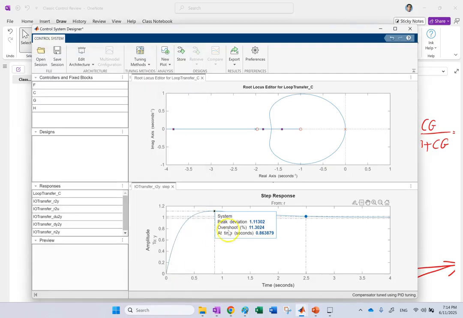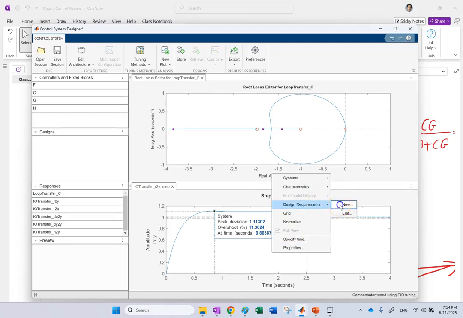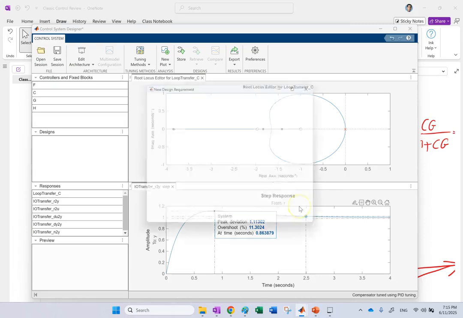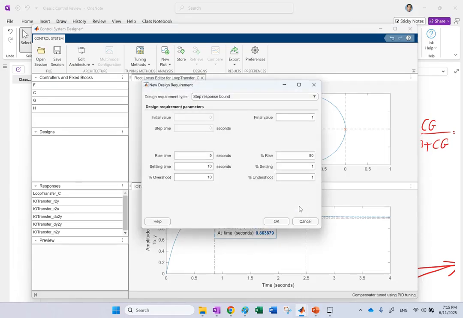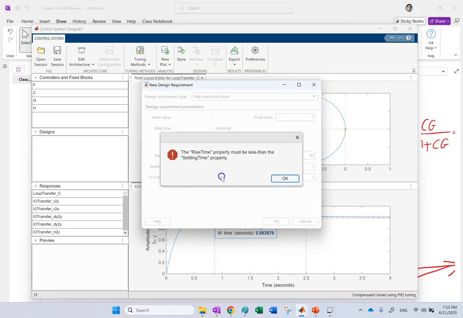But you might say, can I change anything here, right? Can I modify it in this plot? Okay, so if I go here and go to design requirement and say new, let's see if I can specify those numbers directly here. So I say I want my settling time to be 1.5 and I want my overshoot to be what?